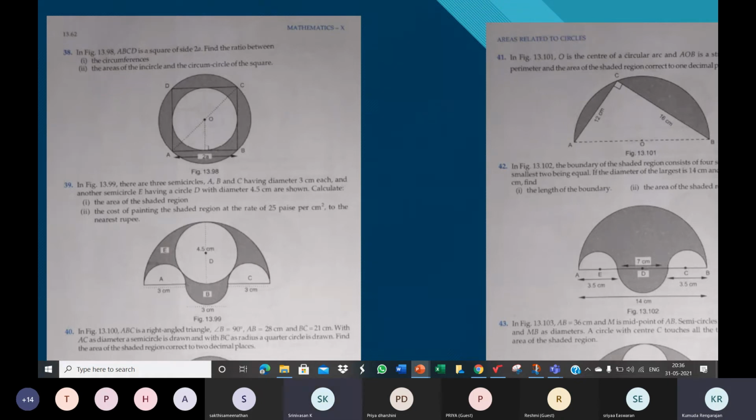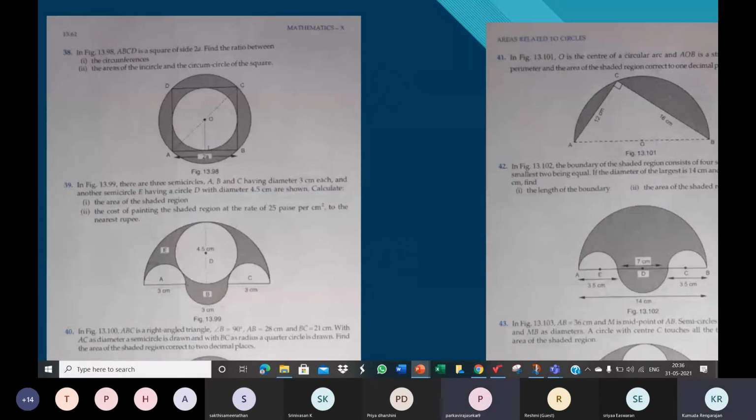Small r is A, ma'am. Small r is A. Very good. Ma'am, capital R is root 2A.